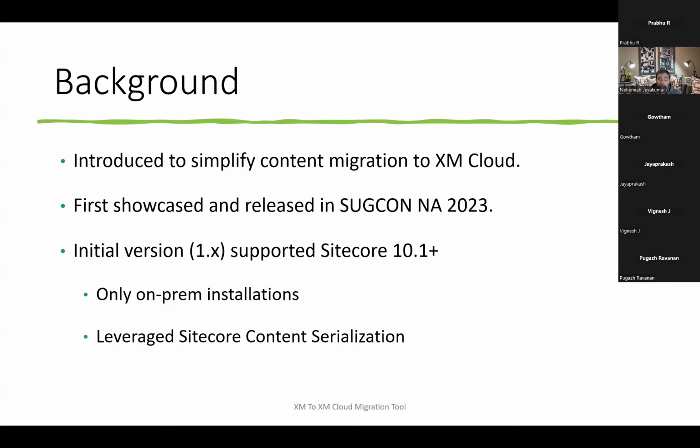In the initial version, 1.2 supported 10.1 and above, and it only supported the on-prem version. It did not support Azure App Service, and even Sitecore 9 was not supported. Under the hood, it leverages Sitecore content serialization in version 1.0, so there's a lot of dependency.